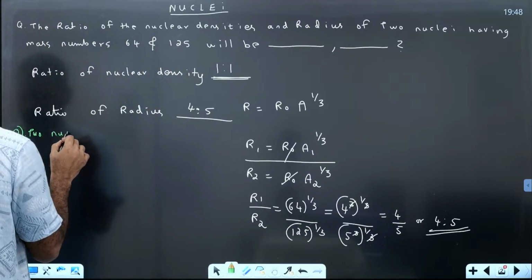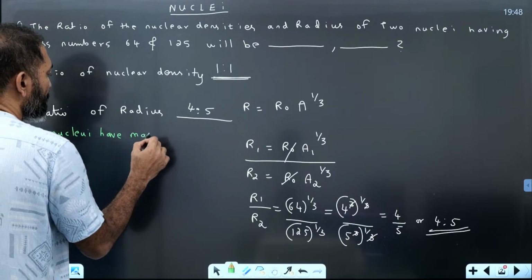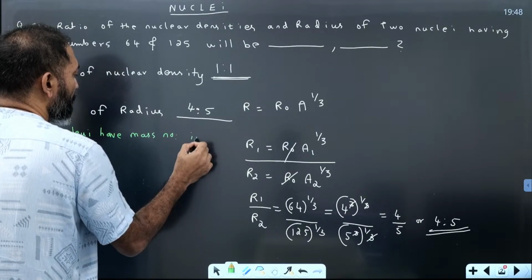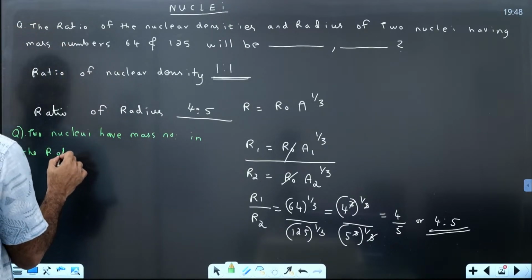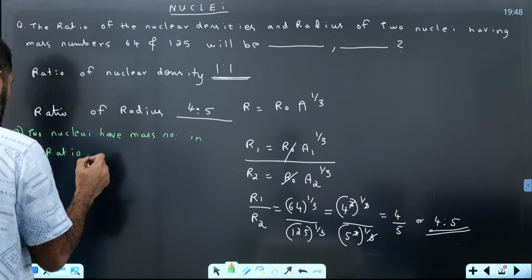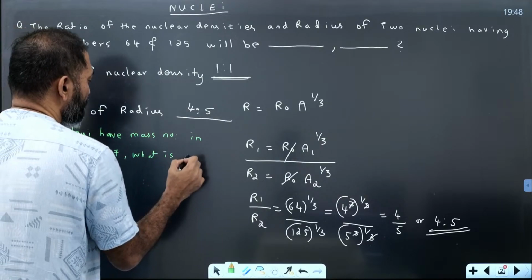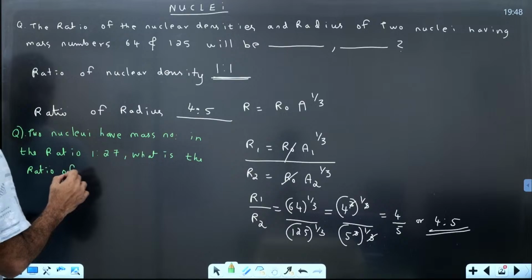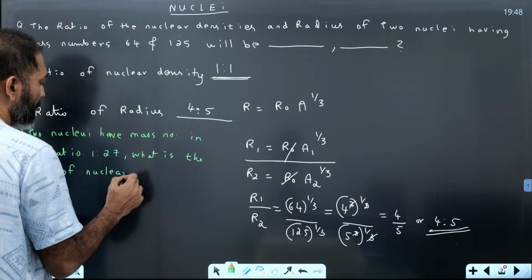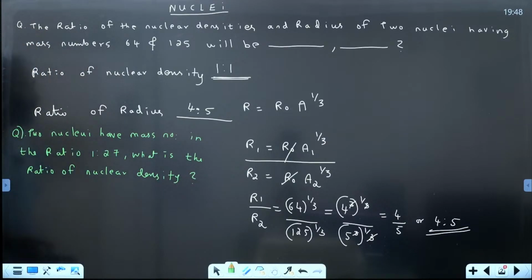Next question. Two nuclei have mass numbers in the ratio 1:27. What is the ratio of nuclear density? Type your answer. Mass numbers ratio is given.